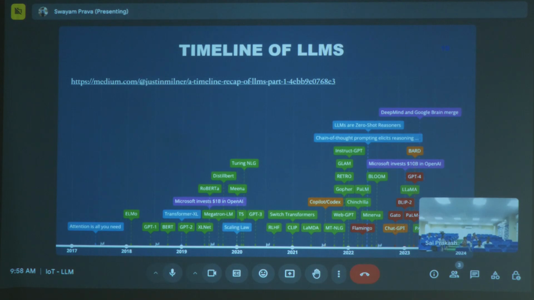Then we had the specialization and innovation part from 2021 to 2022, where they focused on improving safety and user alignment, while tools like GitHub Copilot also came along, which revolutionized how developers write code. And then we had the modern advancements, which is 2023 to current.